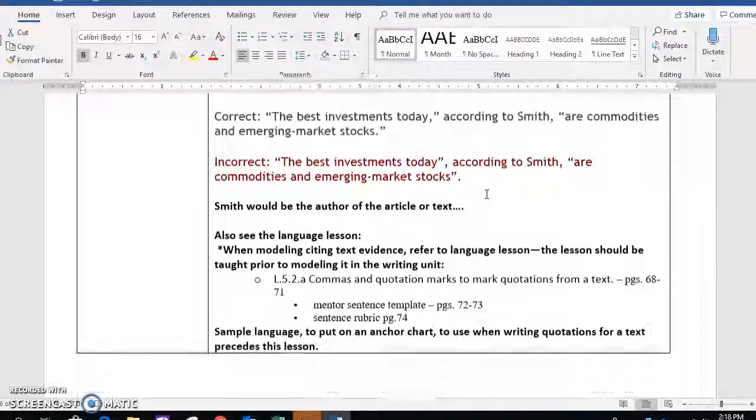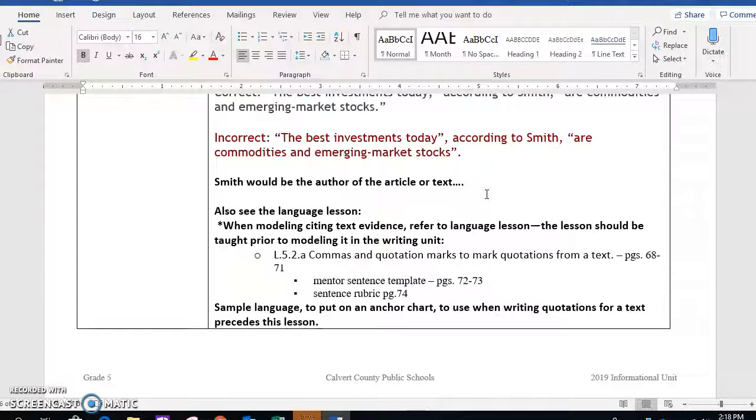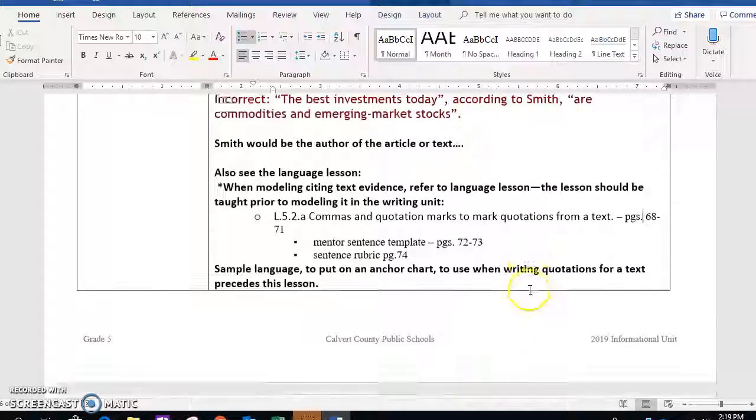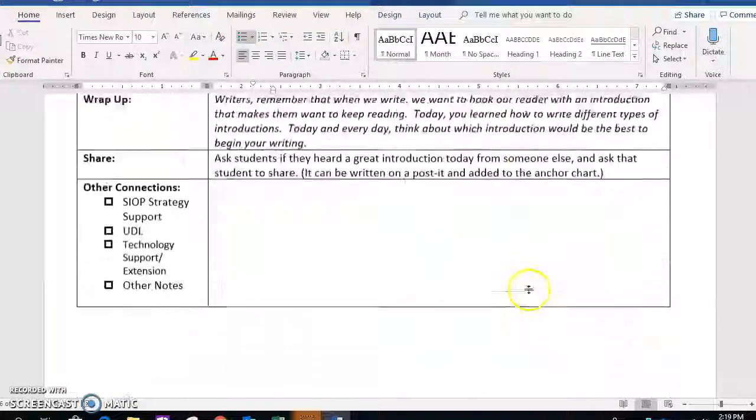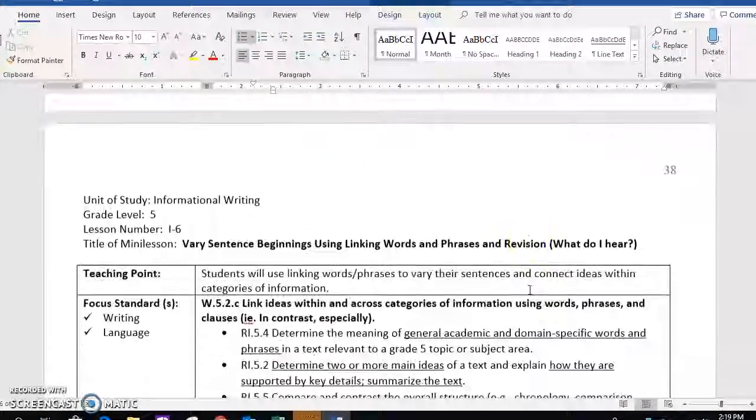Also includes the information on citing a direct quote from a text if they want to start that way. And we have that lesson in the language lessons. In your language unit on page 72 to 73 is the mentor sentence template. The lesson starts on page 68. So you can refer to that as well to support them.